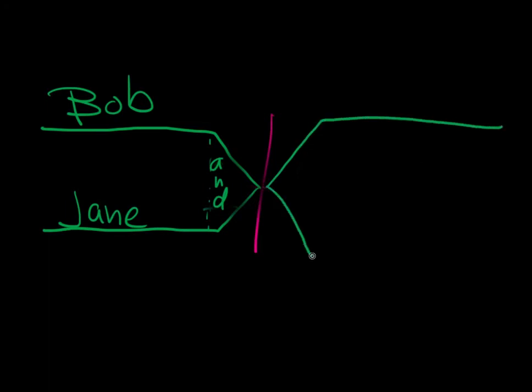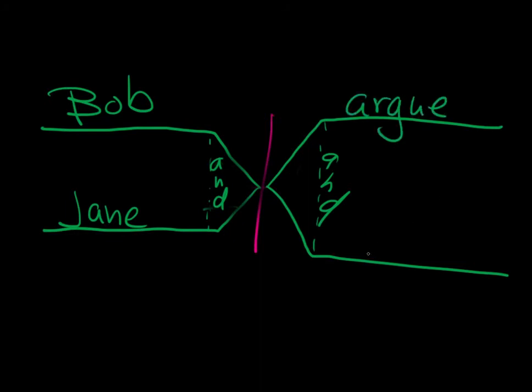We'll put our little and here. I'll sort of angle it. Bob and Jane argue and reconcile. I wanted to say make up, but then we'd have up as an adverb and we'd have to know how to do that. So that's how you split subject on the left, predicate on the right.